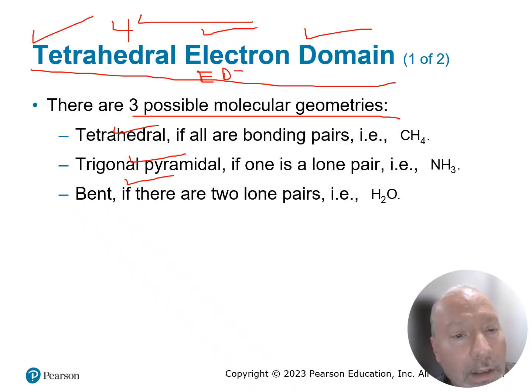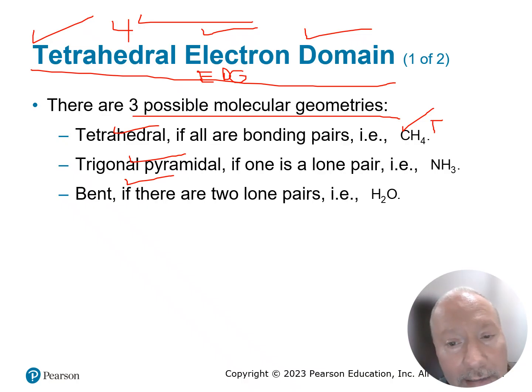But when we look at the molecular domain geometry, or the molecular geometry, we're going to have to ignore lone pairs of electrons, and we come up with different molecular geometries. Let's go through the table, and it'll help us. So a four electron domain molecule such as methane is tetrahedral with respect to both the electron domain geometry and the molecular geometry.